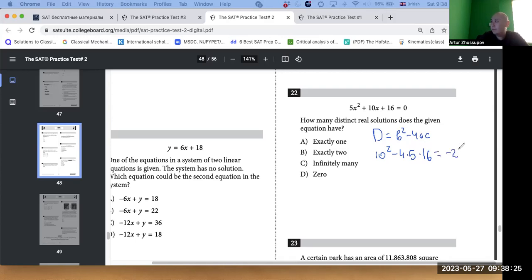So minus 220. Let me just double check. 4 times 5 times 16 is 320, and 100 minus 320, yes, minus 220. So if the discriminant is negative, the equation has 0 real roots. So my money goes for D.